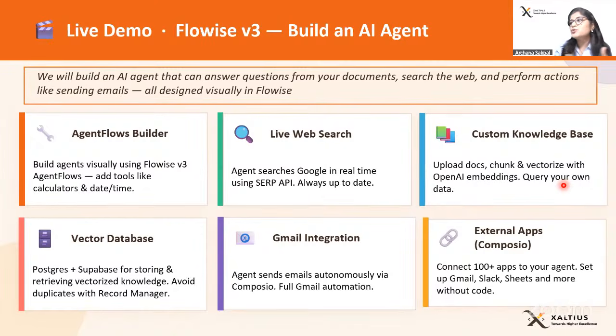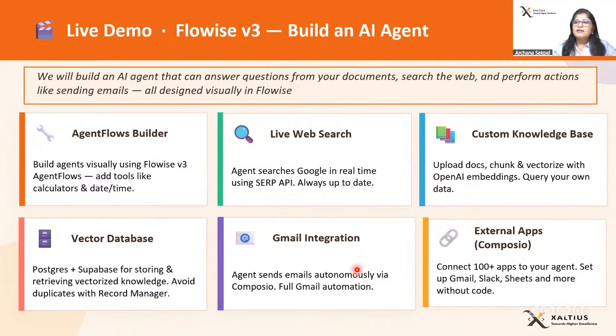I'll have to use a vector database, embedding techniques, and record manager techniques, which we will go into in detail and learn about. And finally, I'm going to use Gmail integration via the Composio tool, where the agent can literally retrieve this information and send it via email to anyone, right? And that is all going to happen automatically.